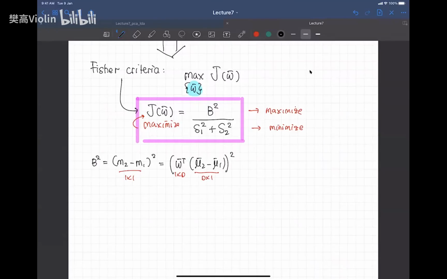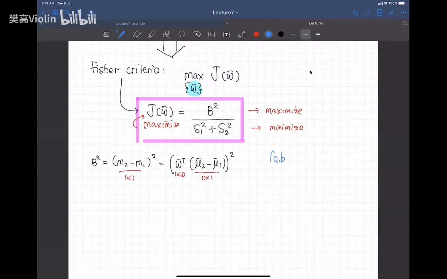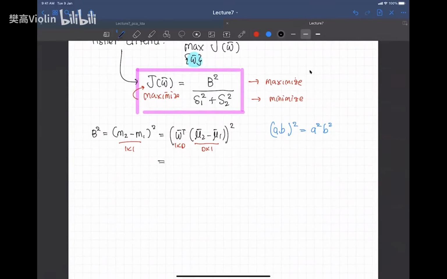Okay, so if we consider this further, I think you remember that (AB) square equals A square B square. So let's follow that one. If I abuse the notation, it will be W transpose square multiplied by mu2 minus mu1 square, right?